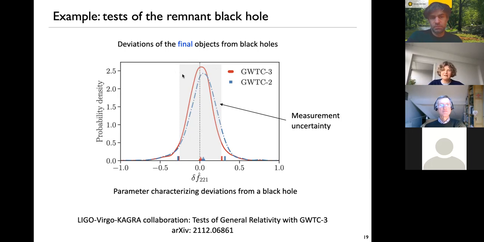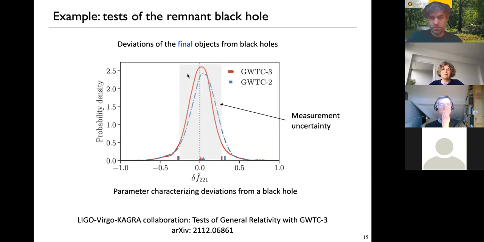So you can see that basically there are no dramatic differences from GR, but also the measurement uncertainties are quite large. So it's not yet a precision study, but it's a first test through this kind of channel.